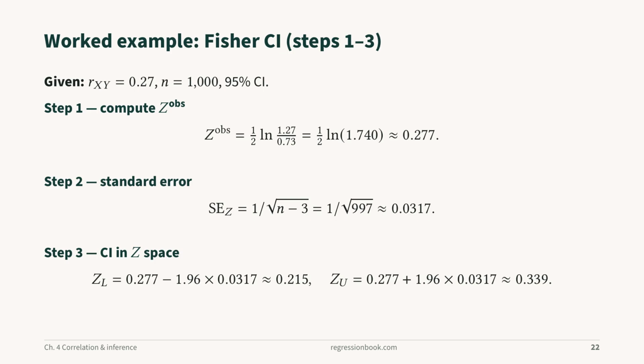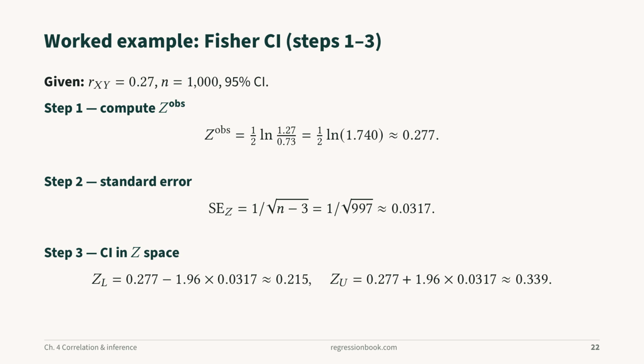Now the apartments, step by step. The correlation is 0.27 with 1,000 observations. Step 1. The transform gives half the log of 1.27 over 0.73, about 0.277. Step 2. The standard error is 1 over the square root of 997, about 0.032. Step 3.